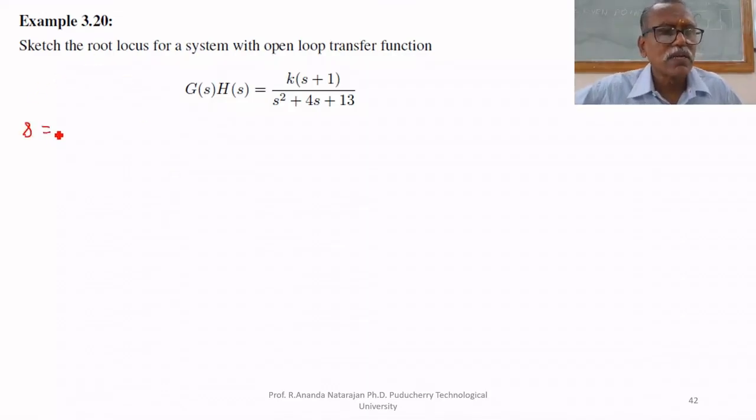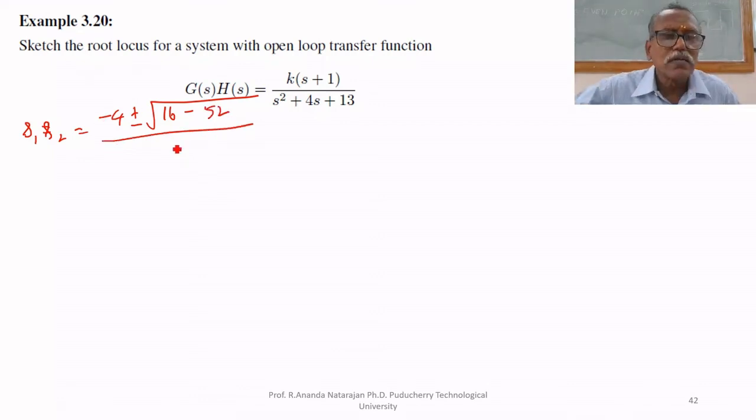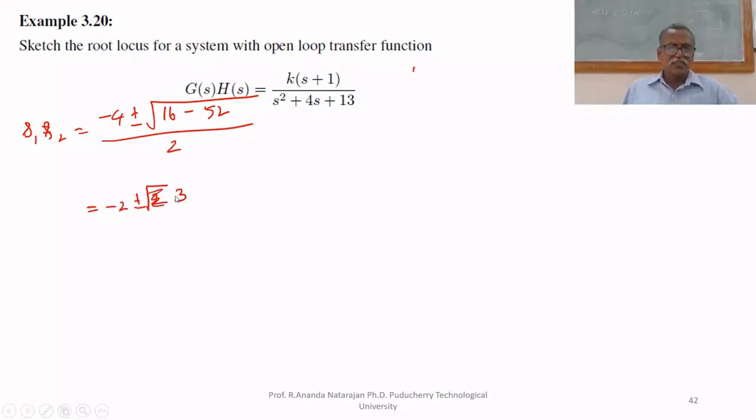Poles S1, S2 equal minus b plus or minus square root of b square minus 4ac, that is 16 minus 52. What are the poles and zeros? Minus 2 plus or minus j3. The poles are at minus 2 plus or minus j3.